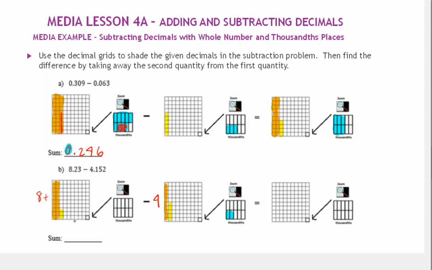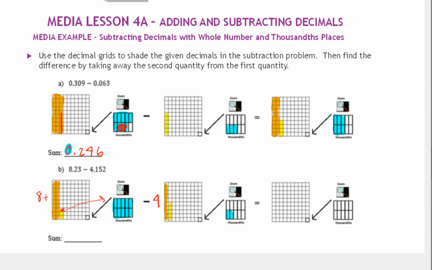We are going to trade in. I'm going to cancel out this 100th, and I'm going to trade it in for 10 thousandths. Okay, so this is the idea of borrowing. I borrowed a 100th to make 10 thousandths, so I can take away 2 thousandths.